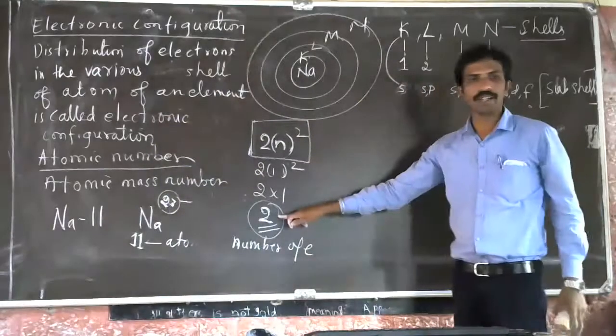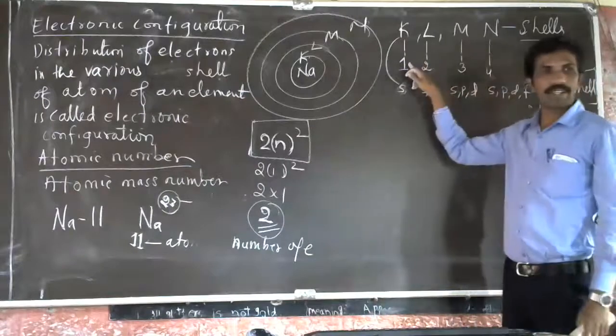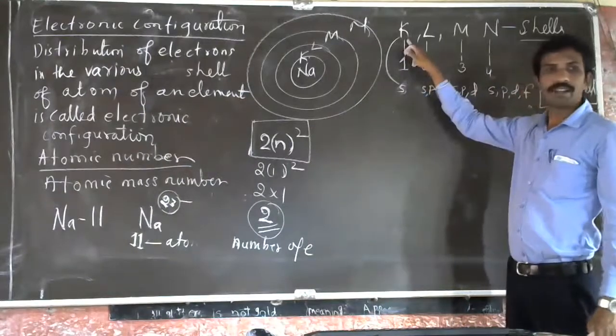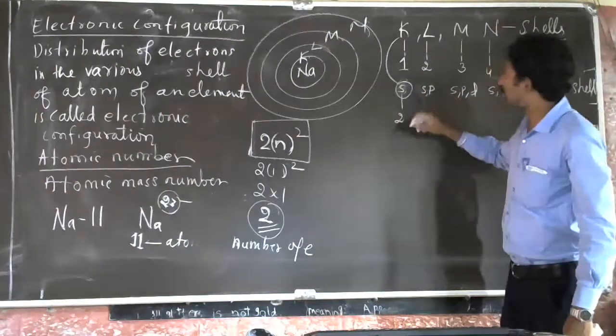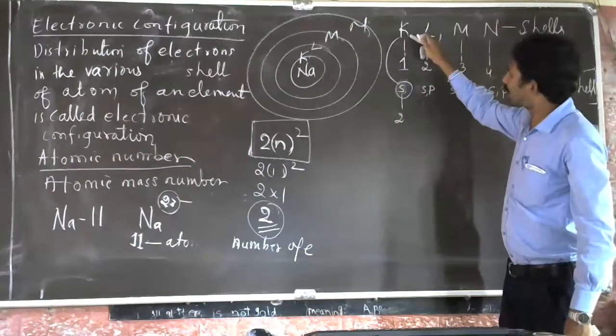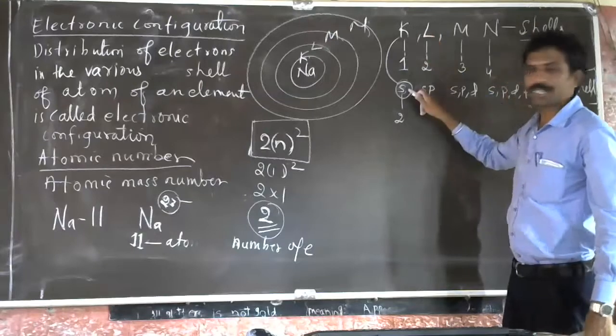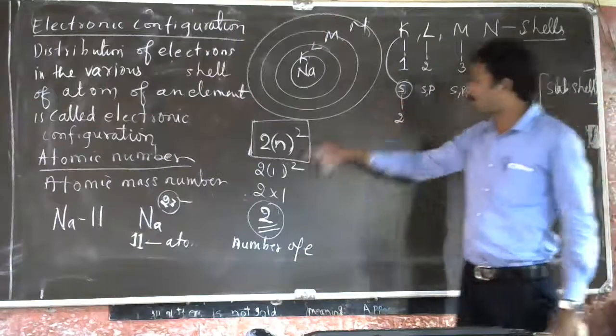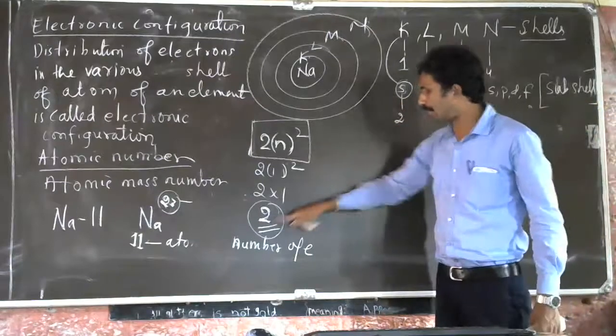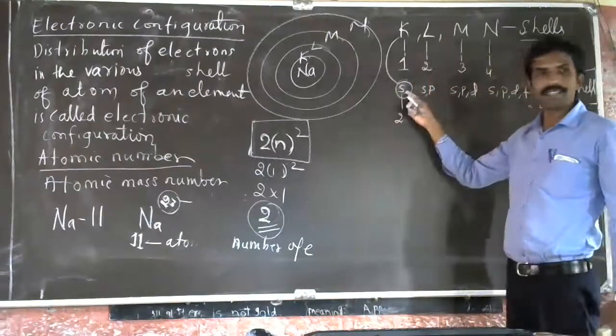So 2 is the number of electrons which can occupy K. Both these 2 electrons are occupied in the S subshell. K has only one subshell, and both electrons will be occupied in S only.